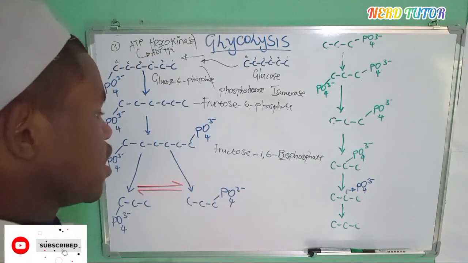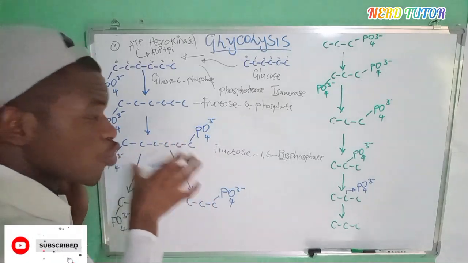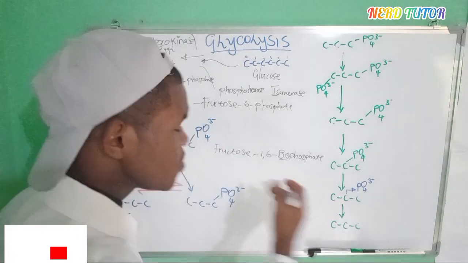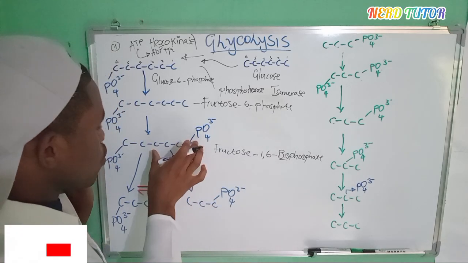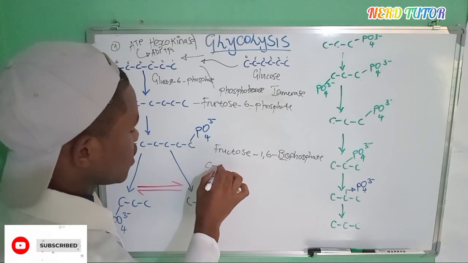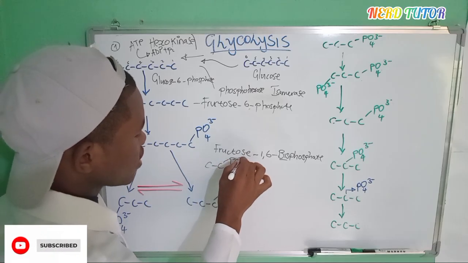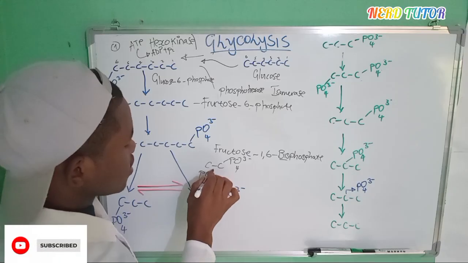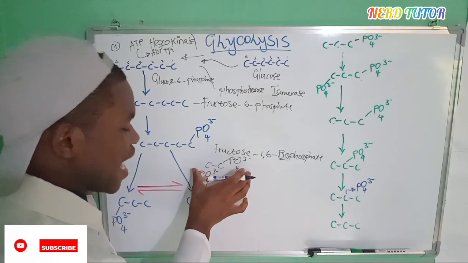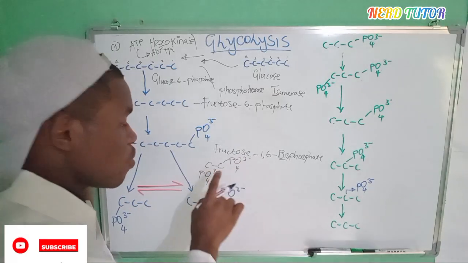So this bis means that we have two of the phosphate groups, but they are apart. Since they are apart, we're not going to say di. If a phosphate was attached at carbon number 1 like this, and at carbon number 2 here, this one would have said di because they are close to each other, connected by one bond.